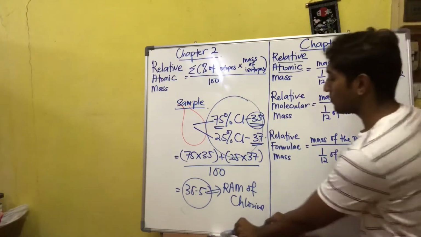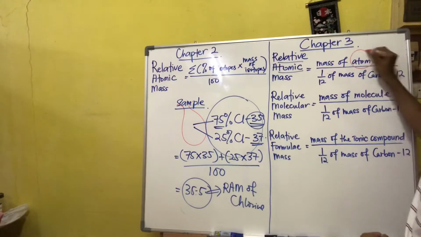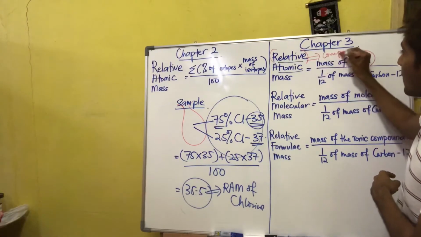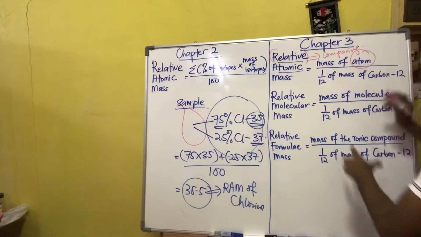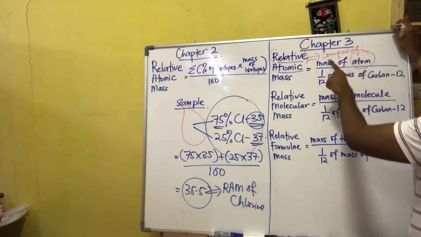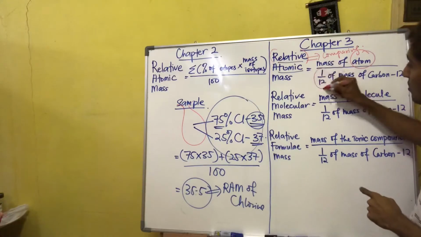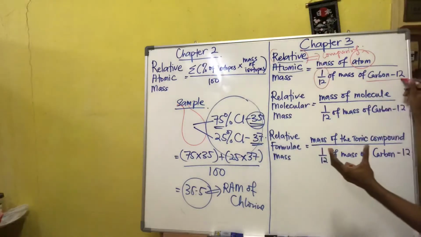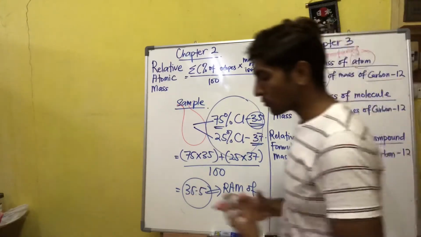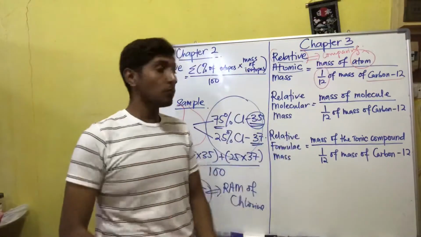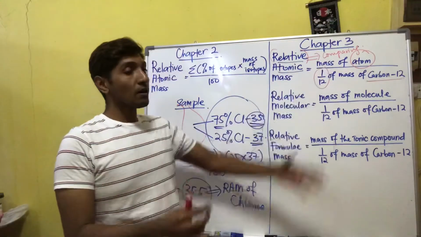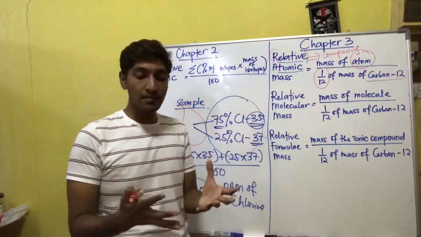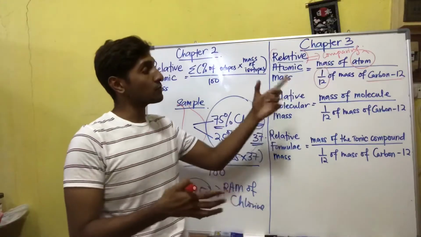Relative atomic mass is when you already have the mass of an atom, and when there is the word relative, you are basically comparing. So what are you comparing it to? The mass of the atom, you compare with 1/12, meaning 1 part out of the 12 parts in a carbon-12 atom. As we all know, and as you may not know, the relative atomic mass for carbon-12 is 12.